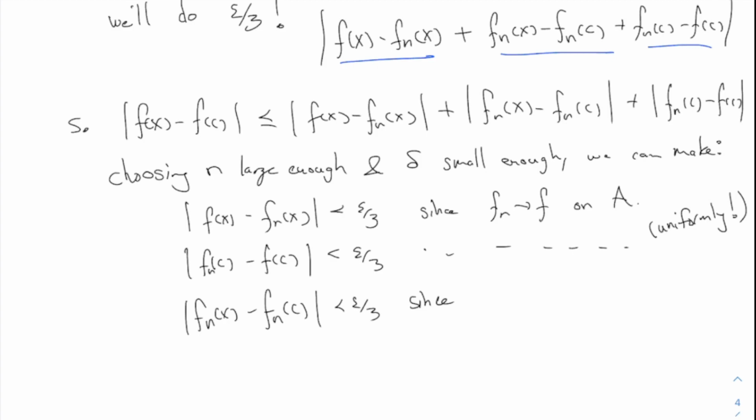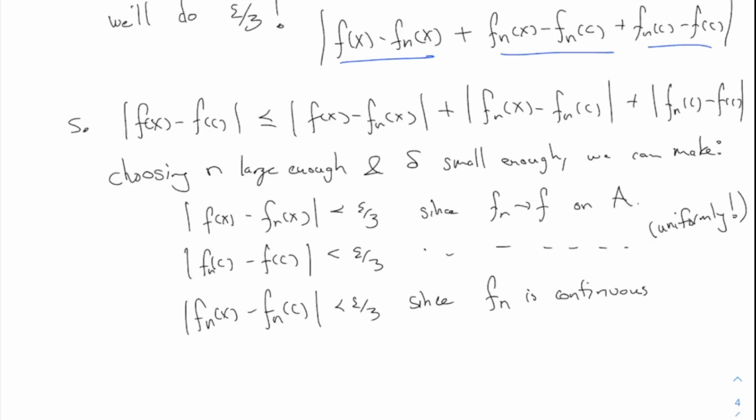I'm not using the fact that f is continuous, that's what I'm trying to prove. But since fn is continuous, I can make that less than epsilon over 3.